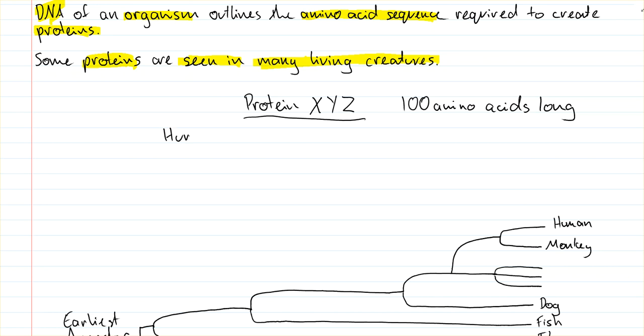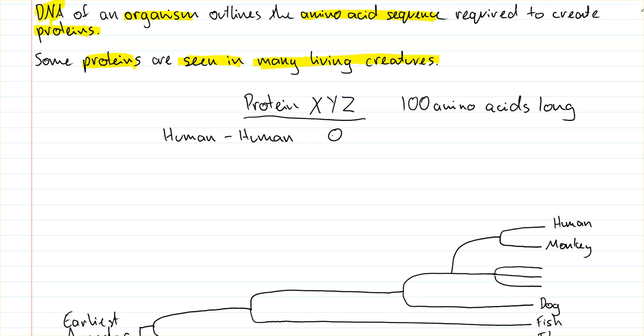If we were to compare the protein XYZ between two humans, the amount of differences we would see in the amino acid sequence would be zero. If I was to look at two different humans and there was no outrageous mutation or anything taking place, two humans would have protein XYZ with an identical amino acid sequence.